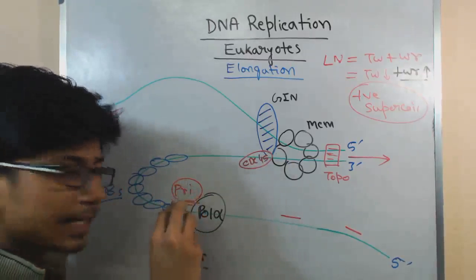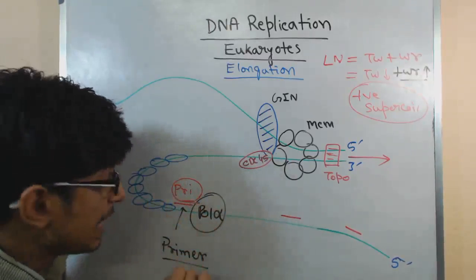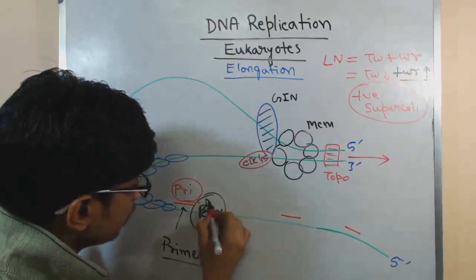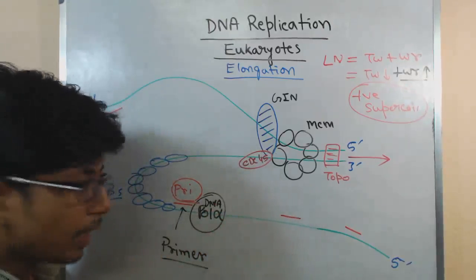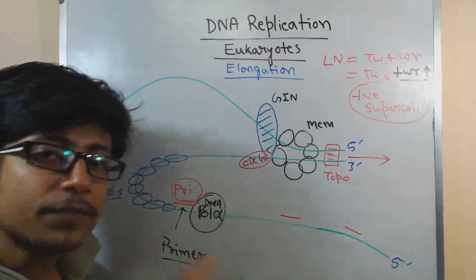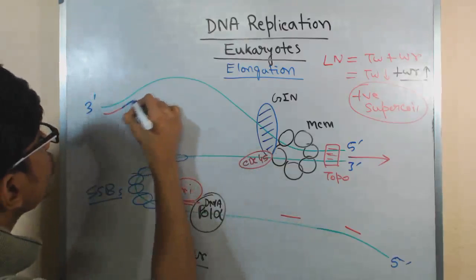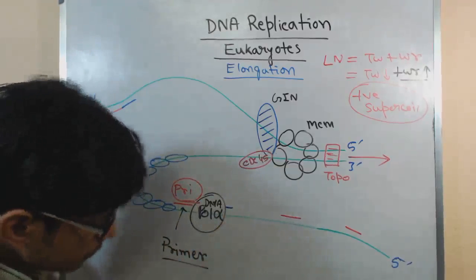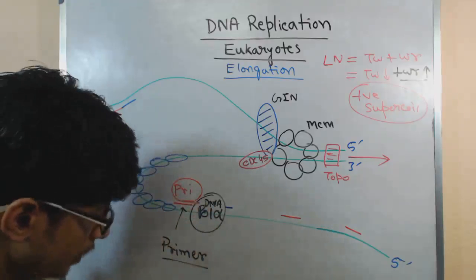Primase attaches the priming sequence, the RNA sequence, the first few stretches. Then this is the DNA polymerase, remember, DNA polymerase alpha. DNA polymerase alpha starts adding the first few stretches of the sequence. I am drawing this with blue color. The first few stretches are made by DNA polymerase alpha, at both ends.